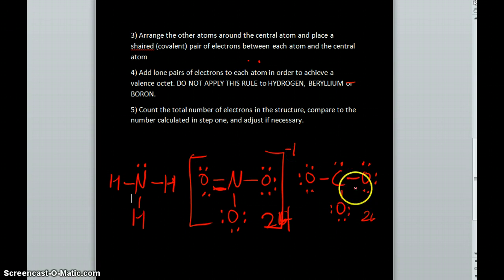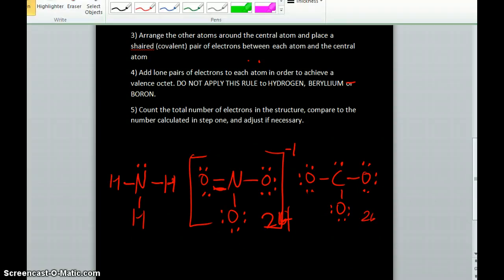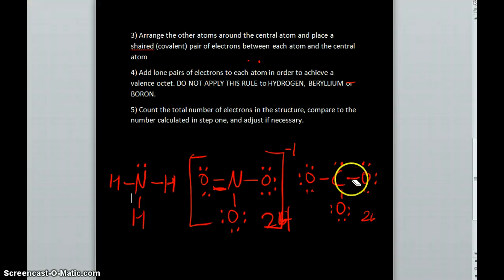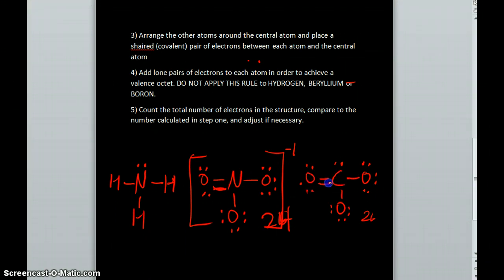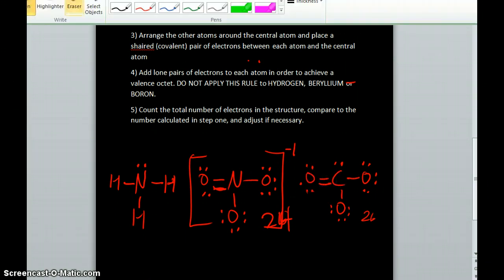Now, the same situation was true on carbonate. We were 2 electrons too large, so we need to eliminate a pair. And the way to do that is to take a pair, share it, and get rid of a pair.